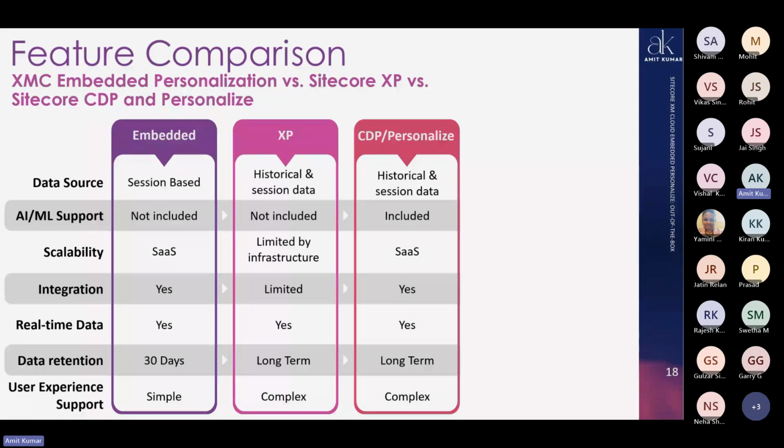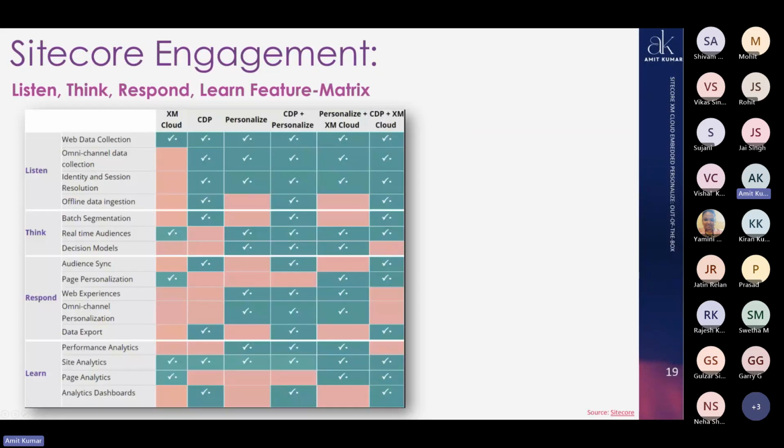And this is a matrix from Sitecore. They are calling it Sitecore engagement. Why I am presenting this is that when you are doing digital transformation or replatforming from MVC to Sitecore headless, or you want to select any third party for personalization or a CDP, you can think of this matrix, which will be helpful for you to analyze that. If you want to do web data collection, then XM Cloud embedded personalization serves the same purpose.